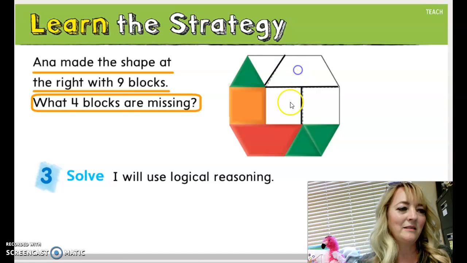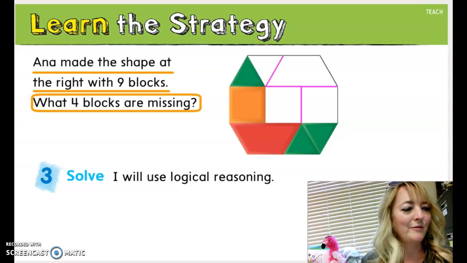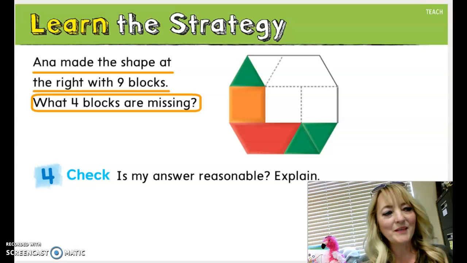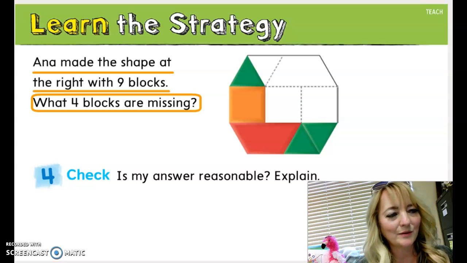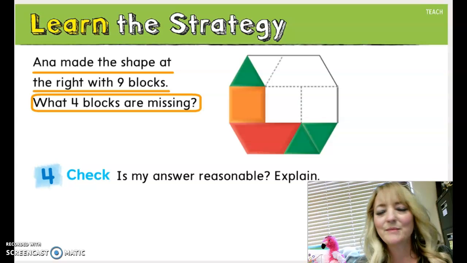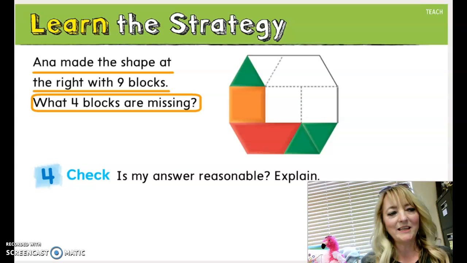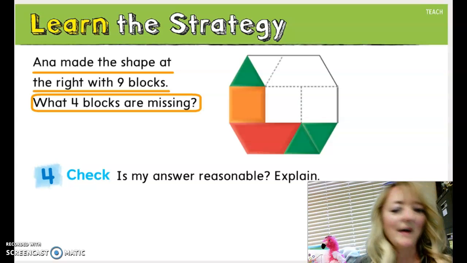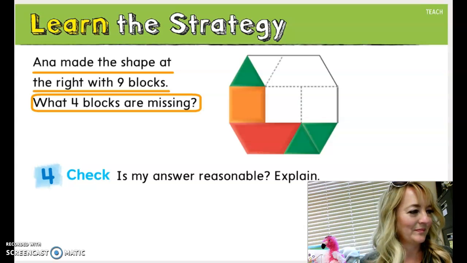So there's 1, 2, 3, 4 shapes. And then number 4, is my answer reasonable? Explain. How could you explain what you see? How is it reasonable? Well, all those 4 shapes that we found that were missing fit perfectly into that. Is that an octagon? So that's our reasoning. They fit perfectly.